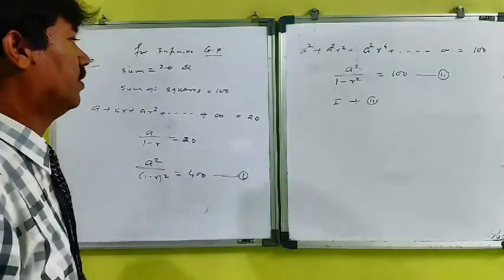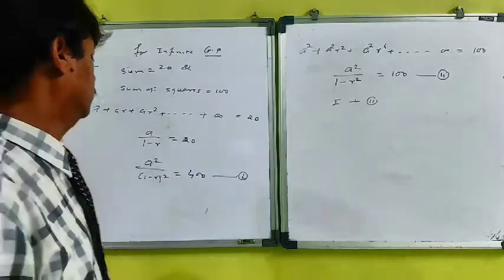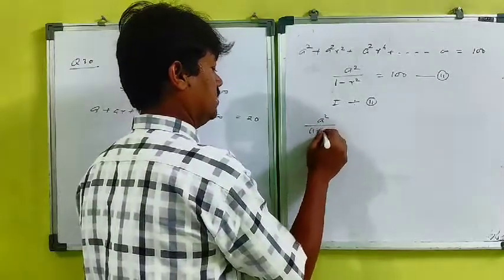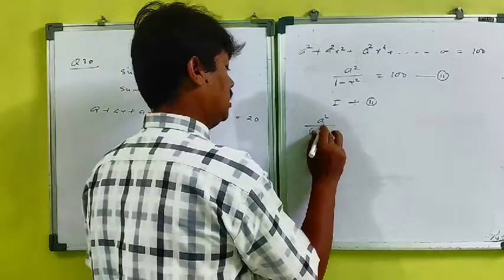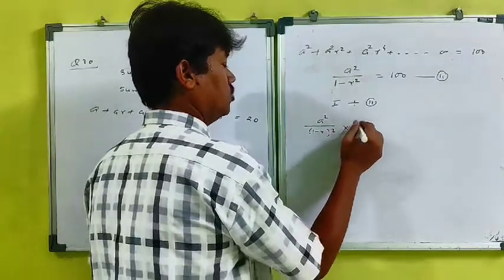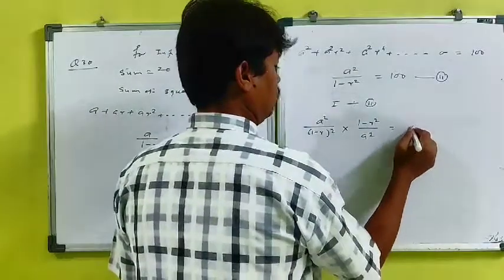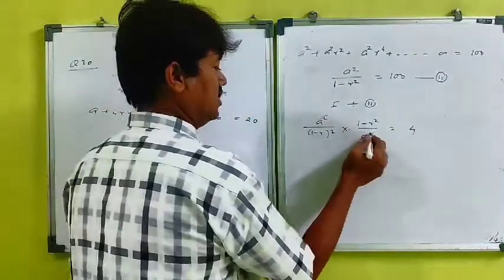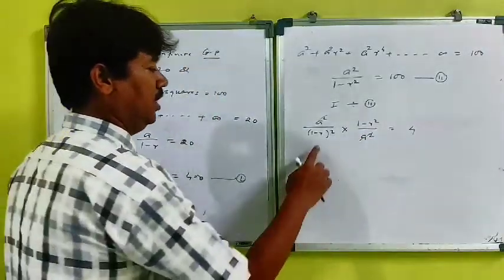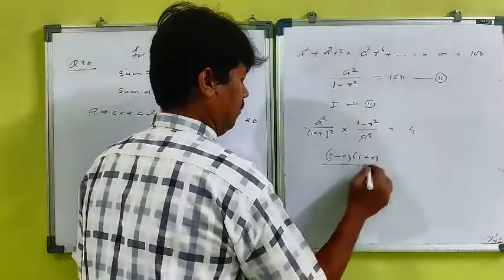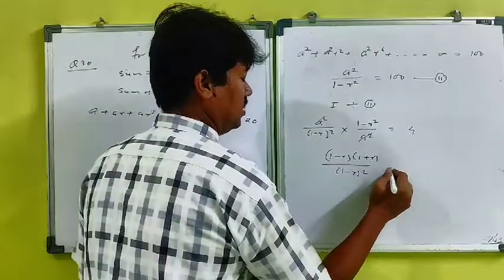So it is 1 upon A square, (1 minus R square) upon A square, into (1 minus R) the whole square upon ... equals 4. So A square and this A square will get cancelled. Now here it is (1 minus R)(1 plus R) upon (1 minus R) square is equal to 4.